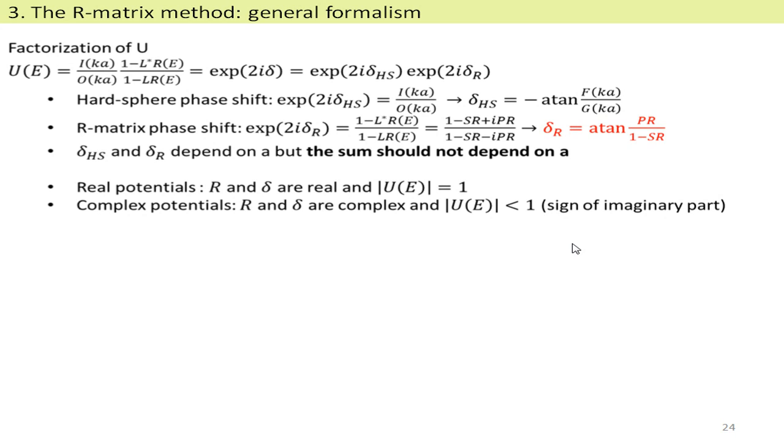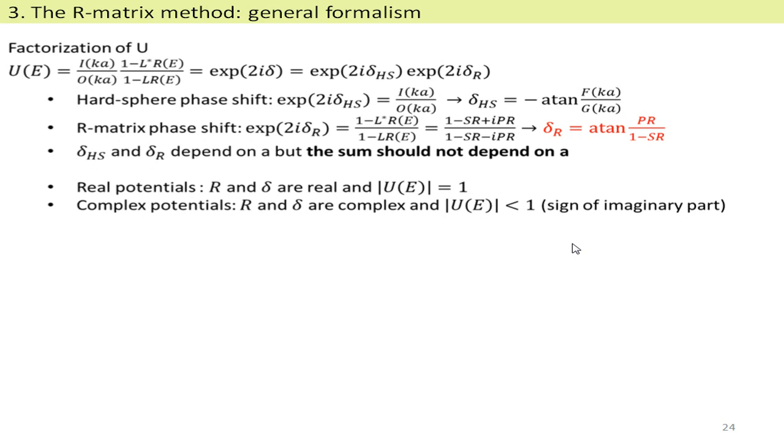Here R is the R matrix, and P and S are Coulomb functions, penetration factor and shift factor. So it's rather simple calculations. And so you can see that the total phase shift is the sum of the hard-sphere and of the R matrix phase shift. And both of them depend on the channel radius, because explicitly you have the channel radius here, you have the channel radius there, but the sum should not depend on it.